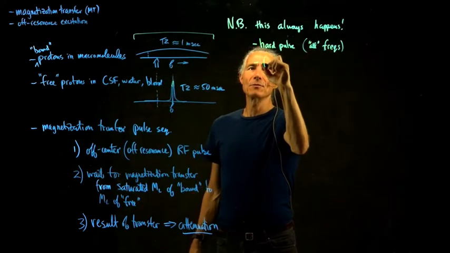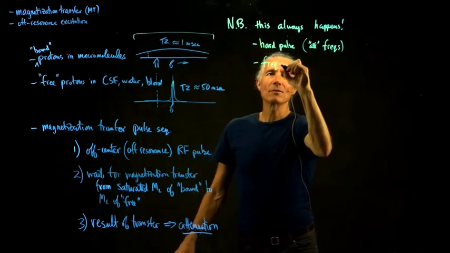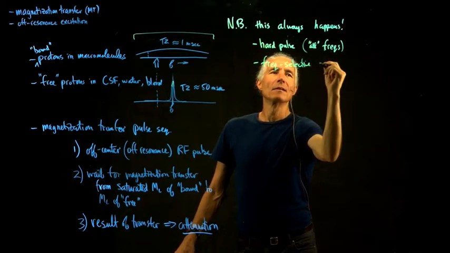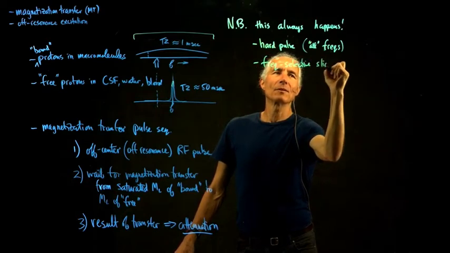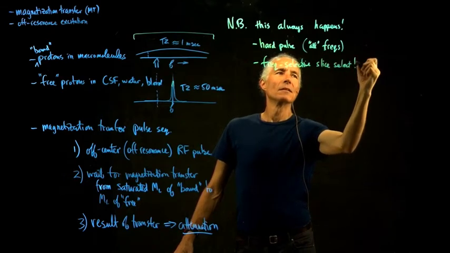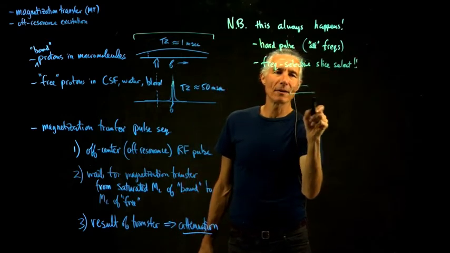So it happens when you do a hard pulse, but even if you do a frequency selective pulse, it still happens, which is what we were talking about this week, a frequency selective slice select pulse. Just think of what's going on. You've got the brain there.